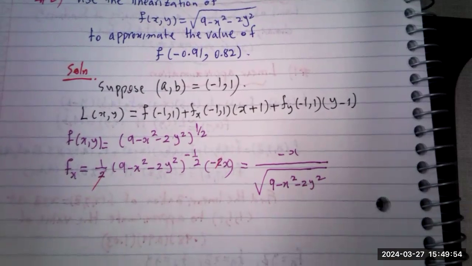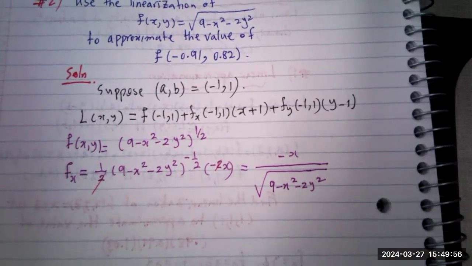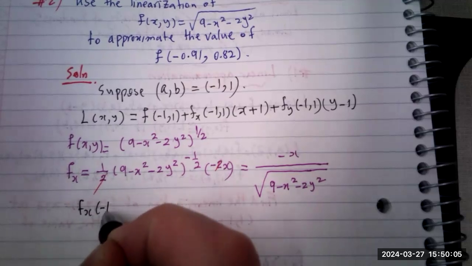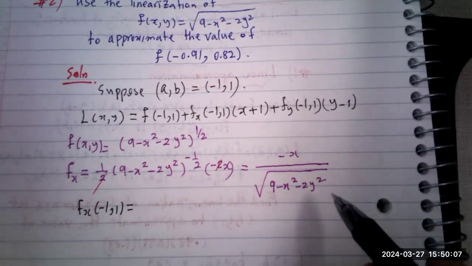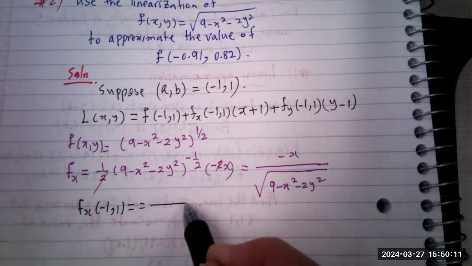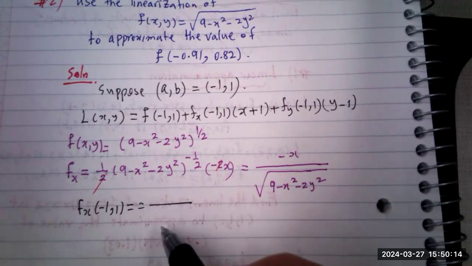Okay, that's the partial, but you want it at what? You want it at (-1, 1). So apply (-1, 1). So f sub x at (-1, 1) would be what? x is -1, y is positive 1. So the top would be a positive 1 when you substitute.